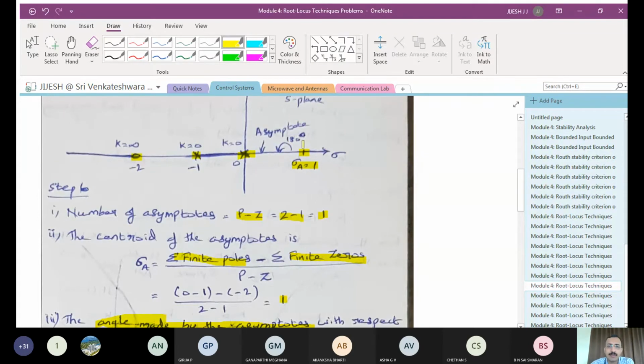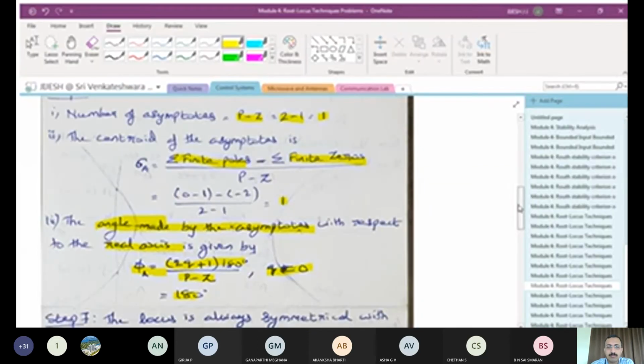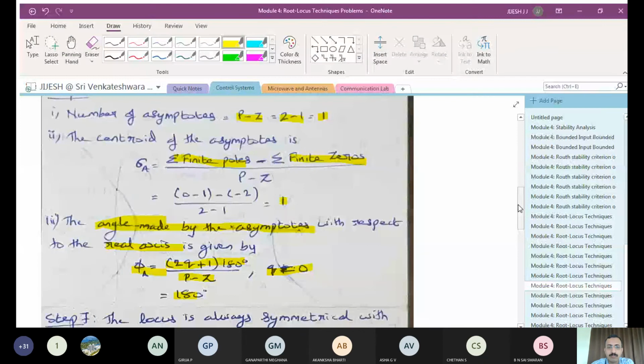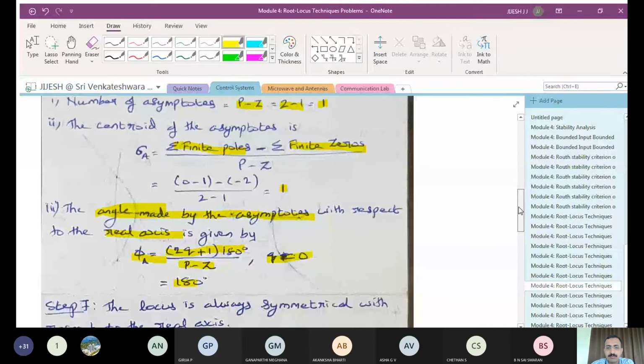So all those things we have completed: finding the number of asymptotes, the centroid, as well as the angle made by the asymptote. All of you have completed till here.